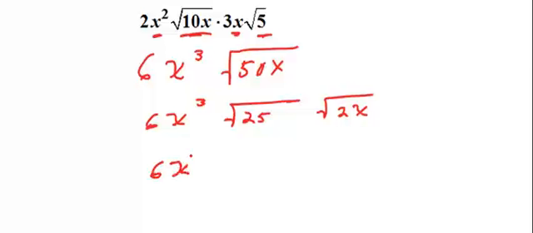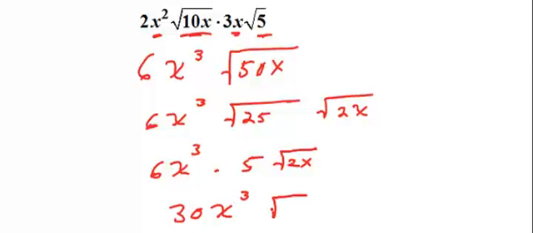So we have 6x cubed times the square root of 25 is 5 times the square root of 2x. And now pushing together the 6 and the 3, we get 30 x cubed times the square root of 2x. So what did we do? We multiplied and then we simplified.